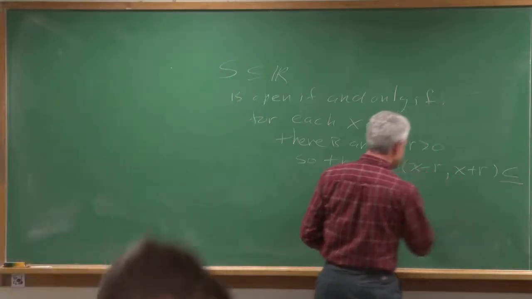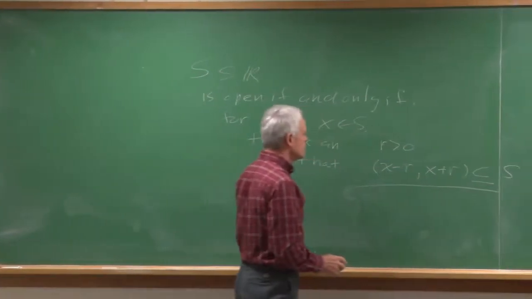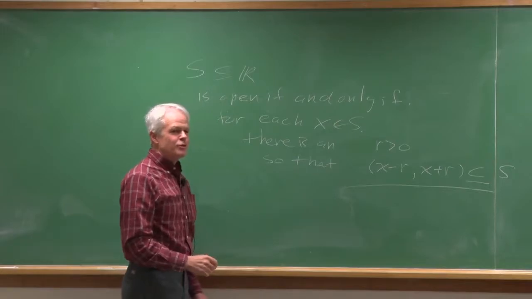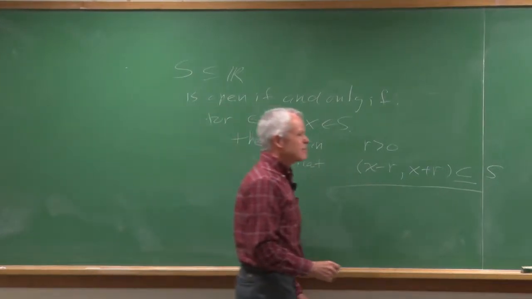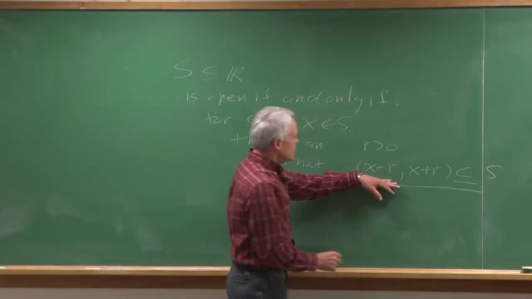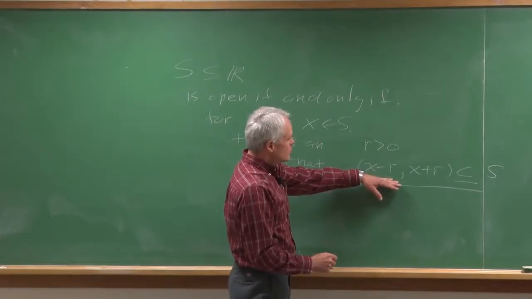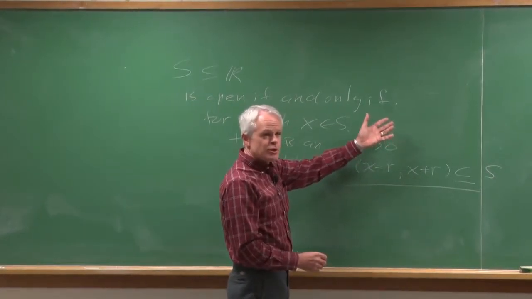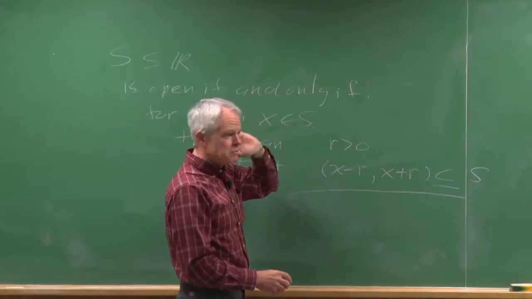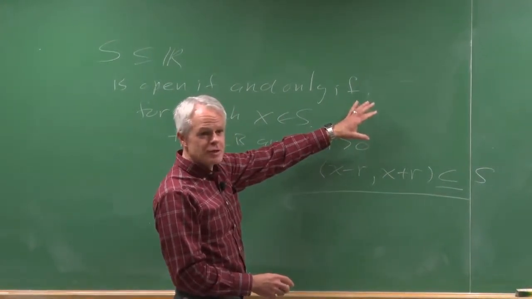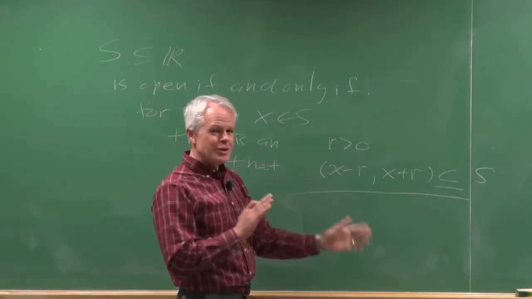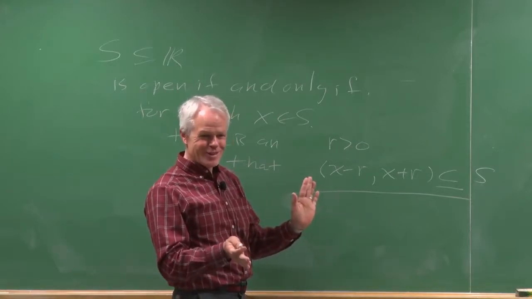And then closed is the complement of that. So I guess that's the best way to think of a closed set: check and see if the complement of the set is open. It doesn't mean that a set has to be either open or closed.